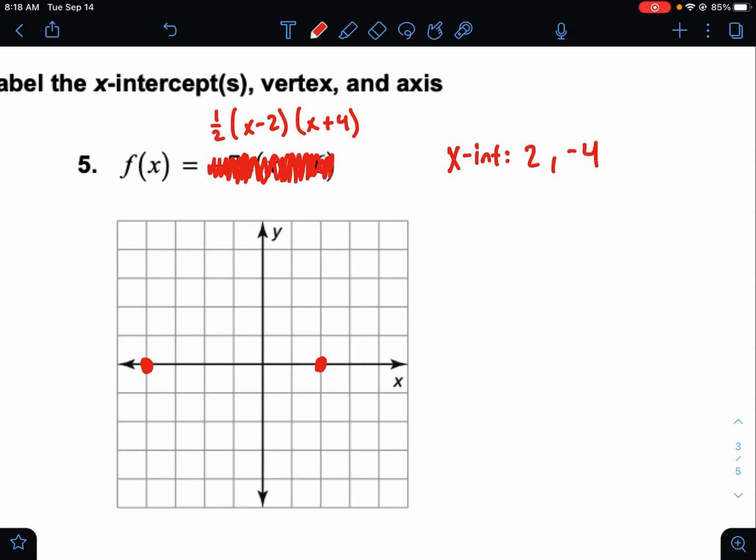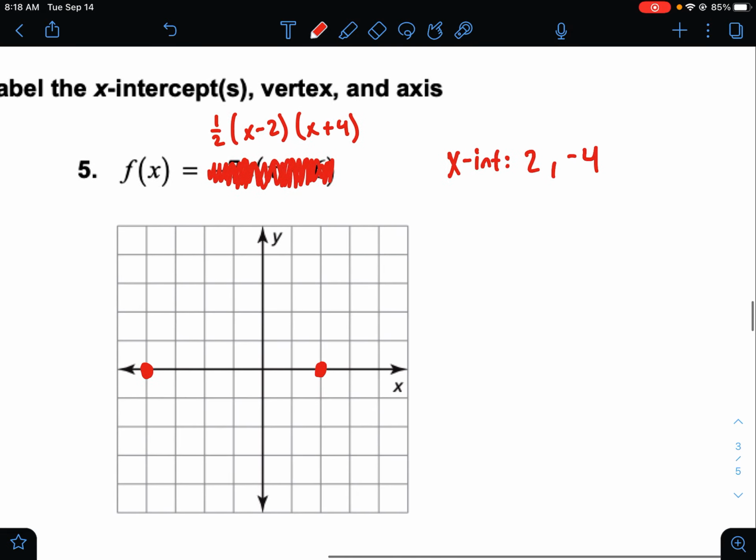Now, because parabolas, again, are symmetrical, I can figure out where the vertex is by simply cutting this in half. It looks like there is a 6 space difference between those. So half of 6 is 3. If I just go over 3, that should be the middle right here, which turns out to be negative 1. So my vertex will be negative 1 and something else.